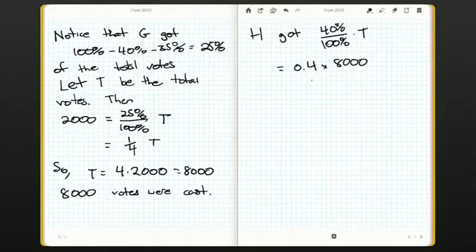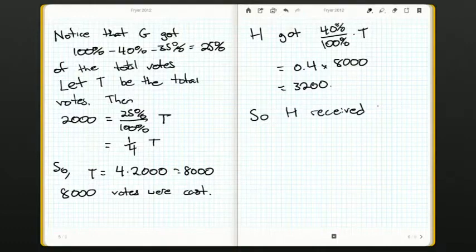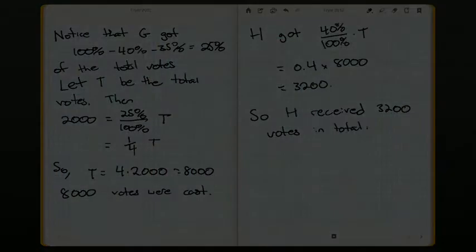That works out to 0.4 times 8,000. So H received 3,200 votes in total. Nice, clean, crisp answer.